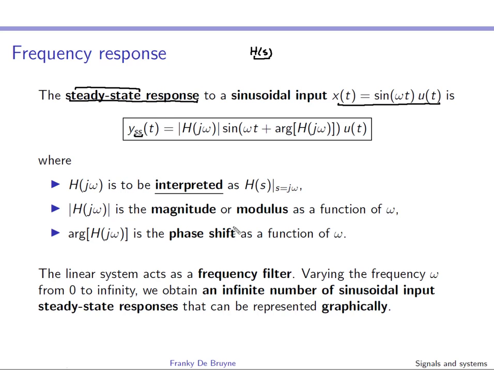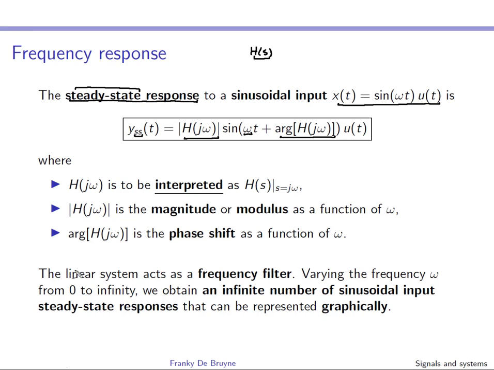Well, this steady state response is a sinusoid at the same frequency, and this is coming from the fact that the system is linear, right? And you can see that this output sinusoid in steady state is amplified or attenuated, and that there is a phase shift, right?